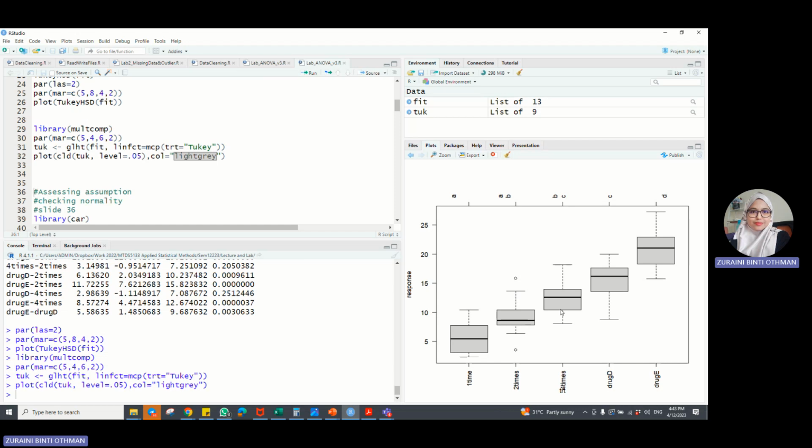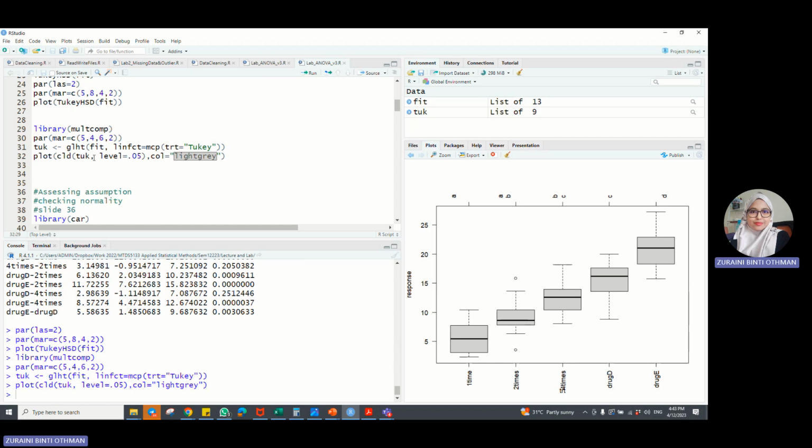Okay, in this code, the par statement increases the top margin to fit the letter array. The level option in the cld function provides the significance level, to use 0.05 or 95% confidence in this case. Groups represented by box plots that have the same letter don't have significantly different means.